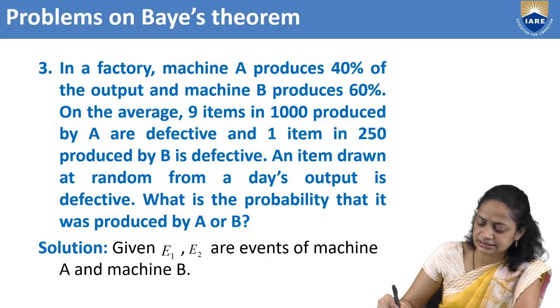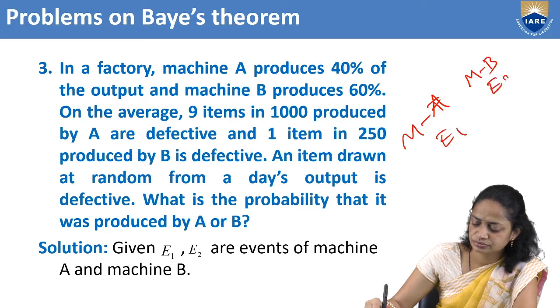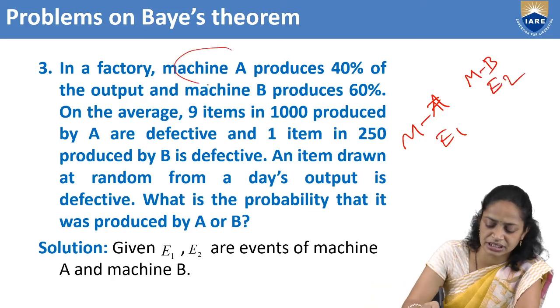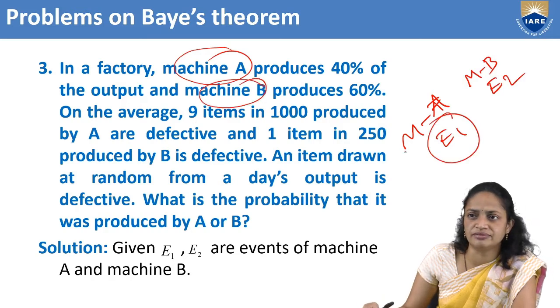So, let us consider machine A is E1 and machine B is E2. Now we have to find the probabilities for E1 and E2.